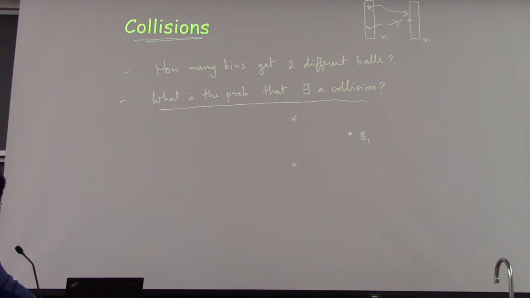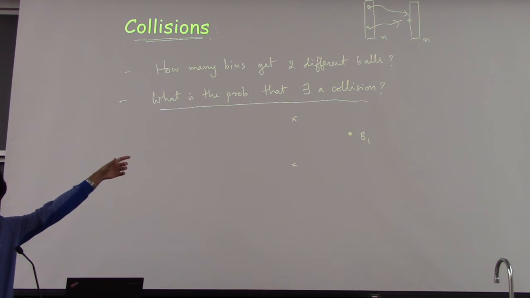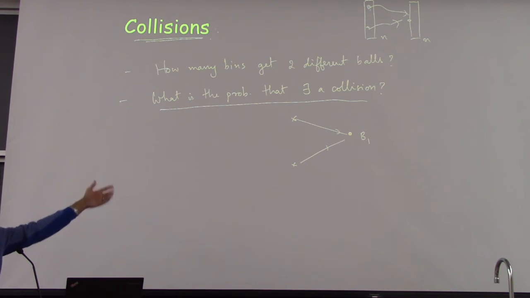And here again you could do the kind of calculation we did before. You pick all possible pairs of these two balls, and say what's the likelihood that this goes into this and this goes into this. And you get some summation like this. You have n choose 2 such choices.